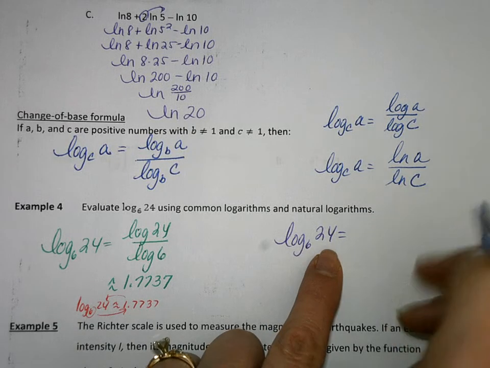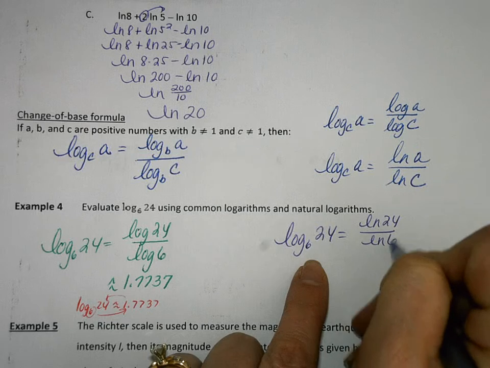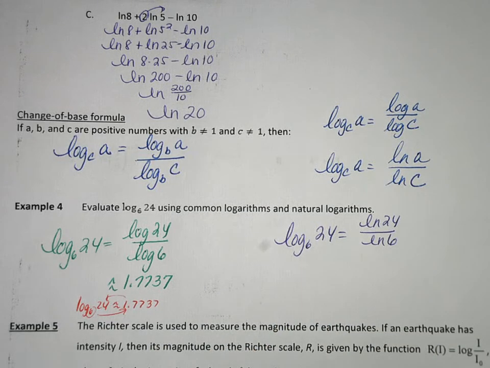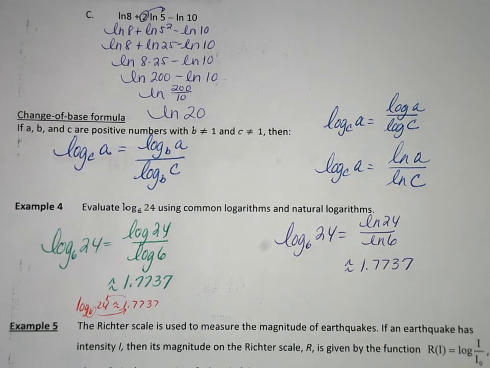Well, if I take the ln of 24 and divide it by the ln of 6. Very quickly, take the ln of 24 and divide it by the ln of 6. What do you get? Yeah, 1.7737. Is that shocking? No, because 6 to the 1.7737 is about 24. It has to be the same no matter what.